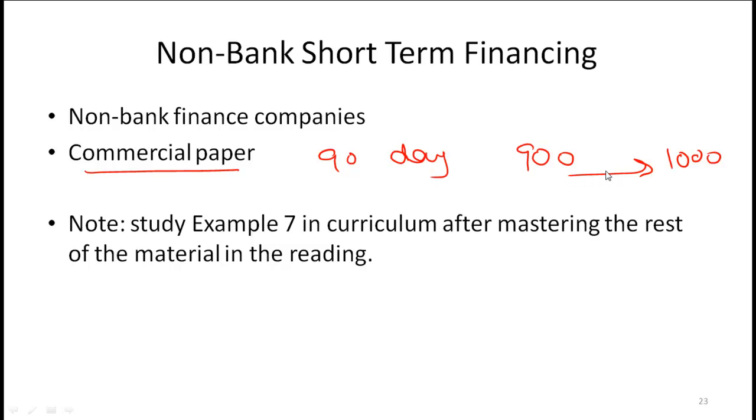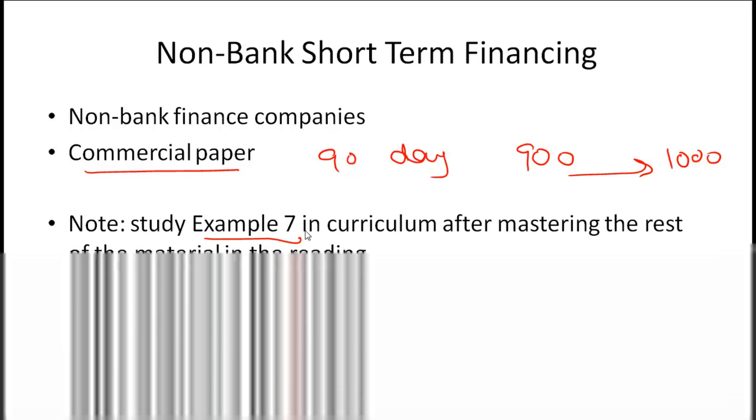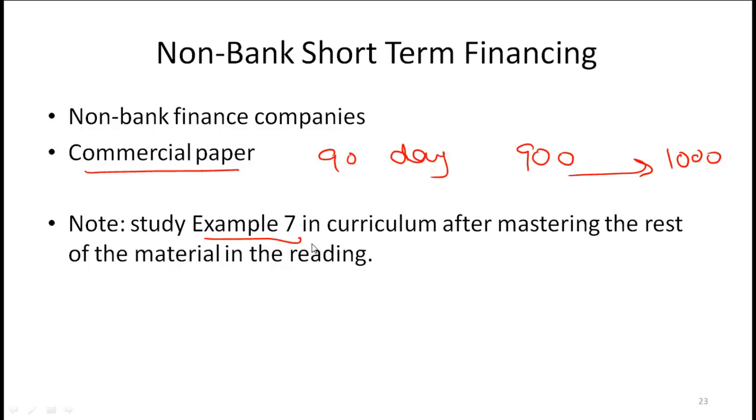to illustrate the point, this is sort of like a T-bill. Now, if you've understood all these points and you are feeling brave, I'd suggest that you look at example 7 in the curriculum, because that gives you a few numerical examples of dealing with different kinds of funding sources.